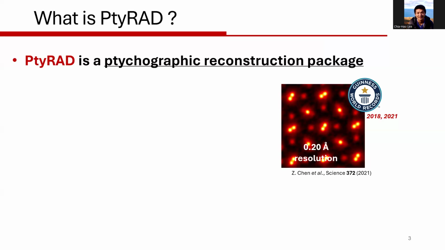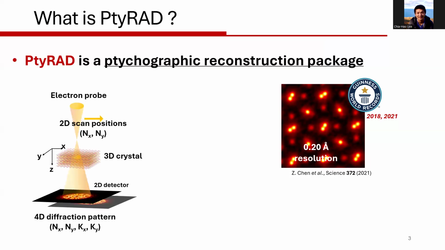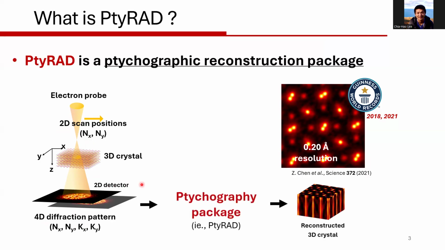And the fundamental principle to doing it is, first of all, you gotta have an electron microscope setup that you will want to collect a two-dimensional diffraction pattern at each scan position. So overall speaking, you're gonna get a 2D multiplied by 2D, ends up getting you a 4D data set. And once you collect this four-dimensional diffraction pattern, you collect all this information that you will need to process with something called a typography package.